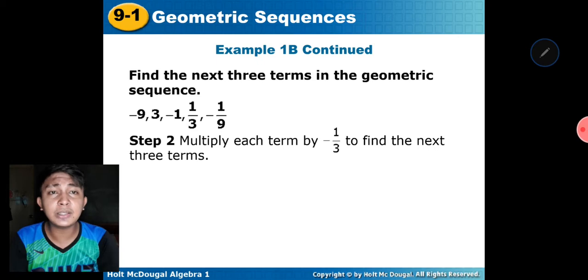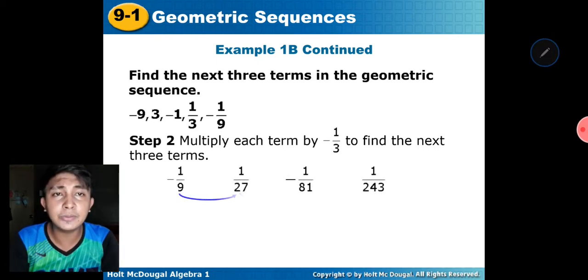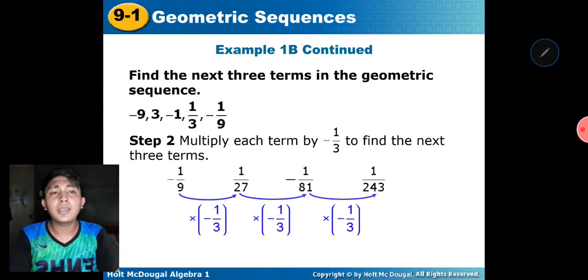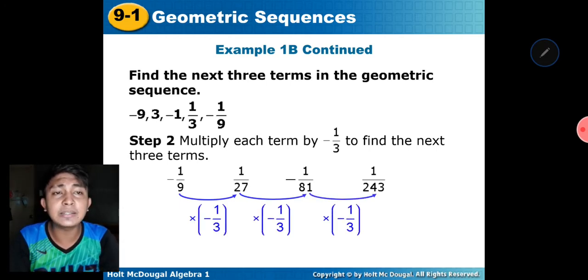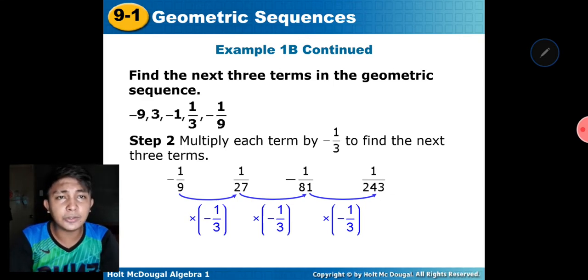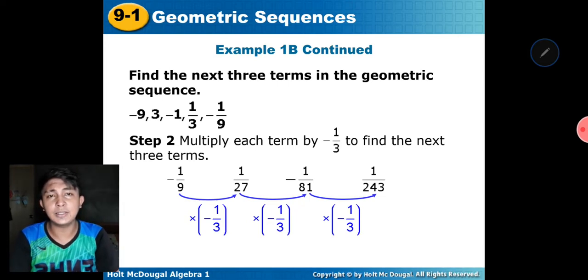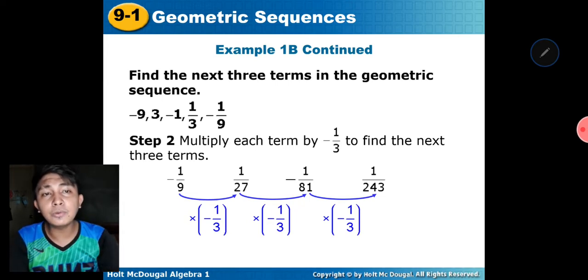And 9 times 3, we have 27. So the sixth term is 1 over 27. And the seventh term is negative 1 over 81. And the eighth term is 1 over 243. Okay? We multiply negative 1/3 to the previous term to get the next term.